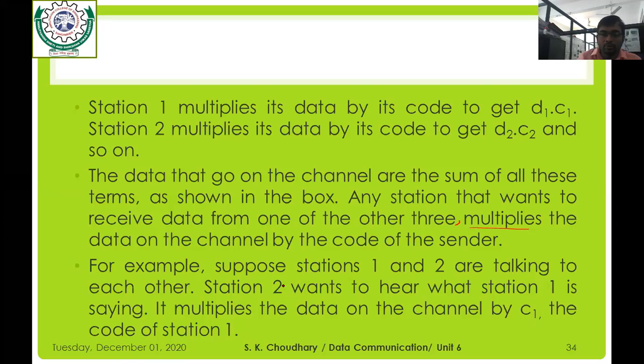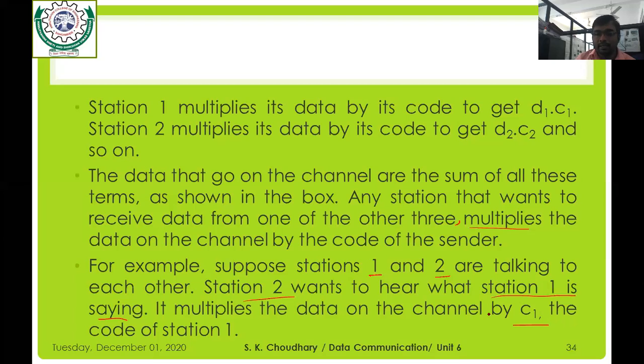See how this is possible. For example, suppose stations 1 and 2 are talking to each other. Station 2 wants to hear what station 1 is saying, so it multiplies the data on the channel by C1.